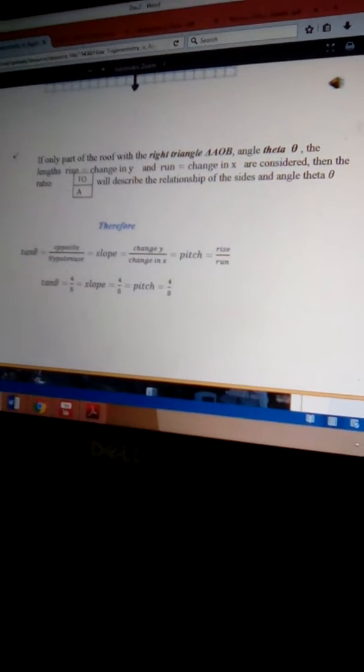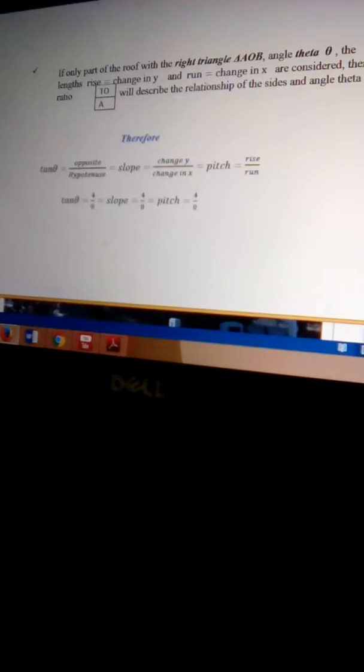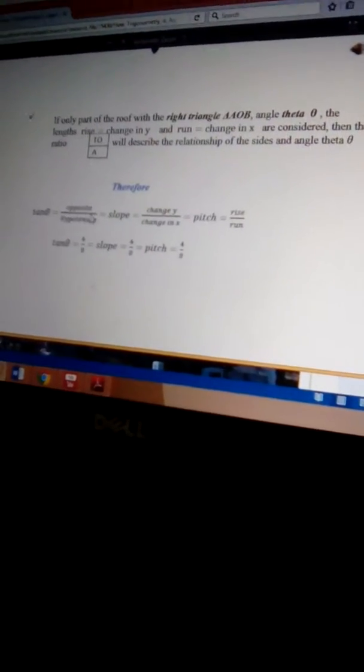Now, let us see the different ways we can define the slope of this portion of the roof from A to B. The tangent of theta, this angle here, defines the slope of this sloping portion of the roof AB. The tangent is opposite over adjacent. Otherwise, we may talk of slope or gradient.